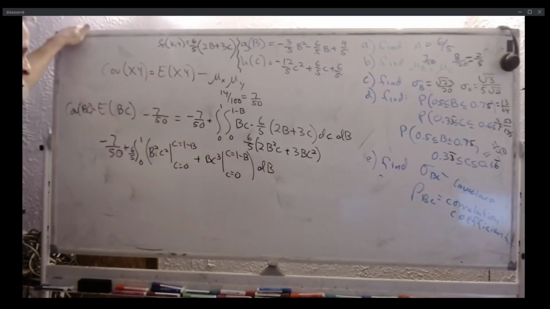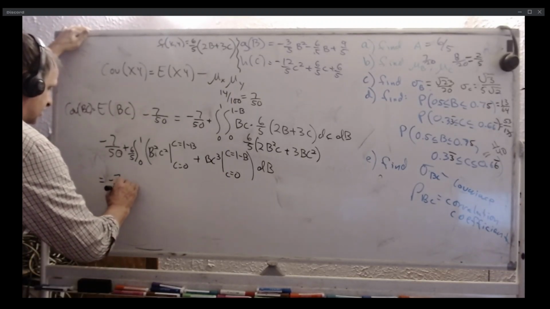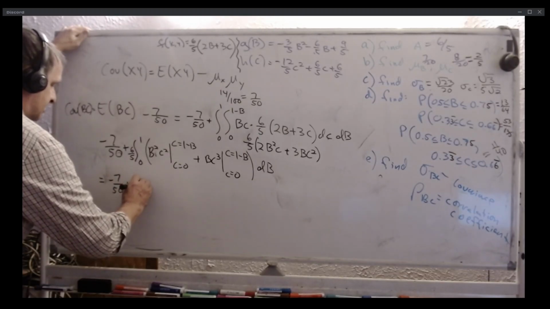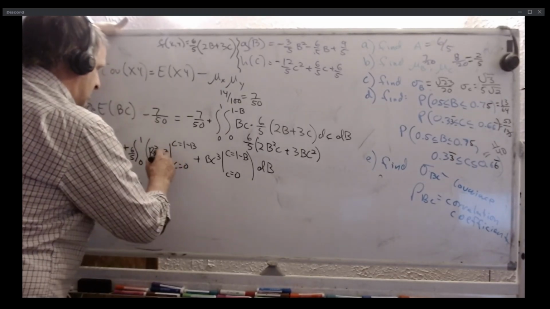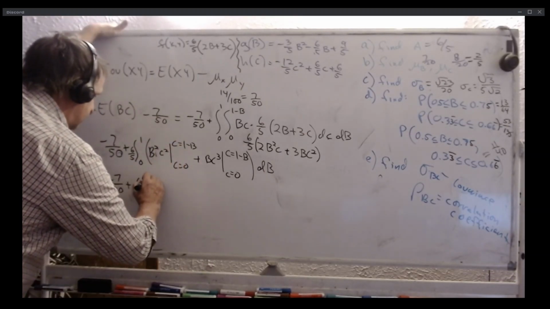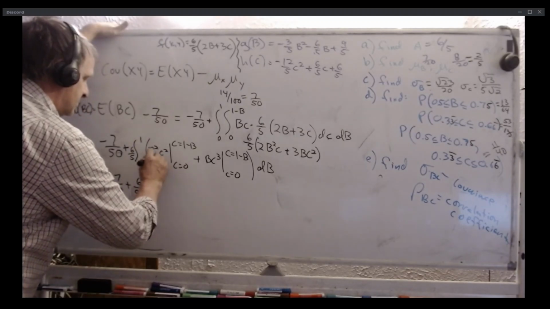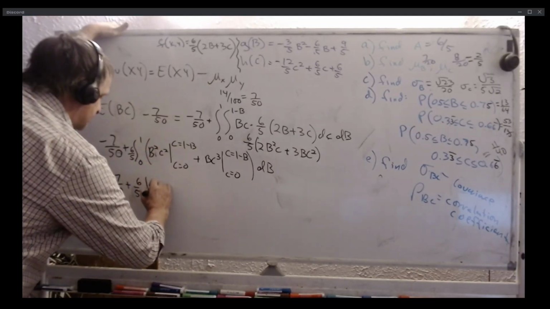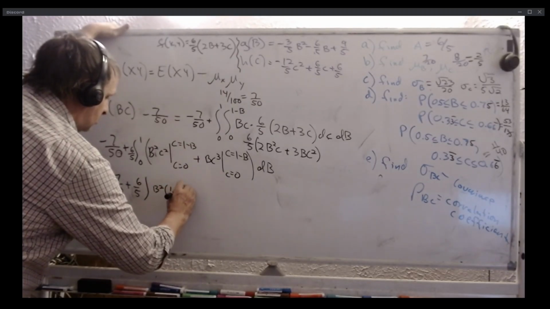I don't think I've screwed anything up yet. I hope not. Oh, this can be nasty. This equals negative 7/50 plus 6/5 times the integral of b squared times 1 minus b quantity squared.